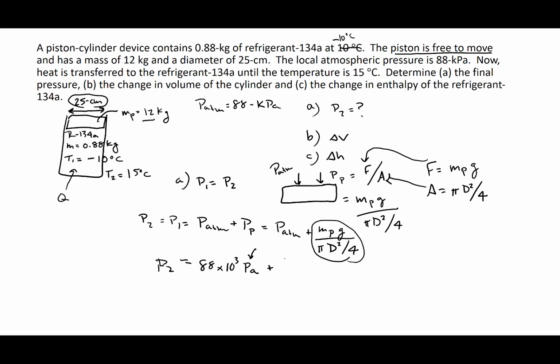So the mass of the piston is 12 kilograms. Gravity is 9.81 meters per second squared over pi multiplied by d squared. So we're given the diameter in centimeters, so we want to convert that to meters. So this is 0.25 meters squared over 4.